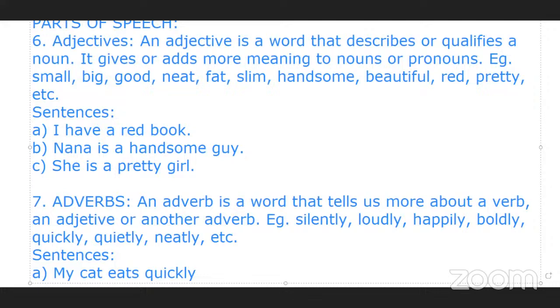So it shows us how the cat eats its food. Yes, which tells us that it doesn't do it slowly, but it does it quickly. All right.